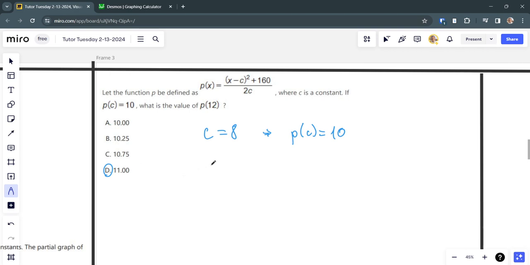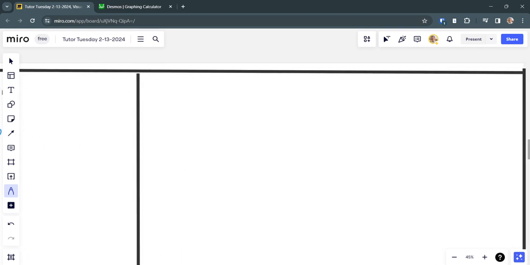Check out some geometry questions here as our next area. Okay, within geometry we have a few different topics. We've got area and volume, circles, lines, angles, and triangles, and right triangles in trigonometry.